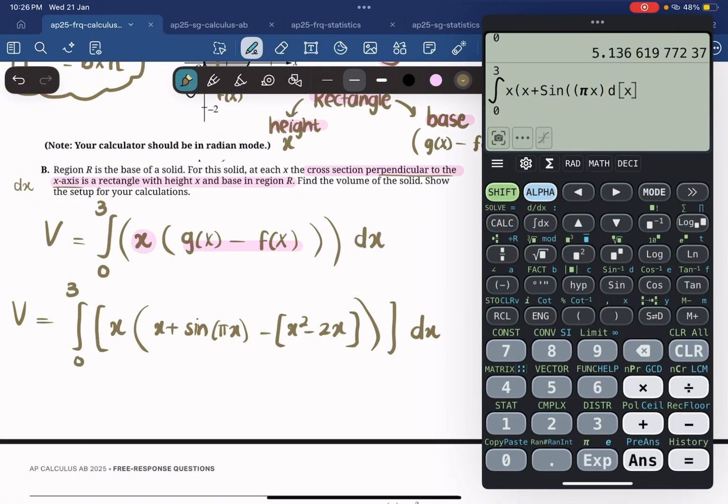So you have x plus sine pi x, close this bracket, minus alpha x squared minus 2x. We close this bracket and we have one more bracket, because it starts here and it ends here, right? So we have x outside and we have g of x minus f of x, and that should give us 7.7049. So it rounds up, since it's the final answer, to 3 decimal places.